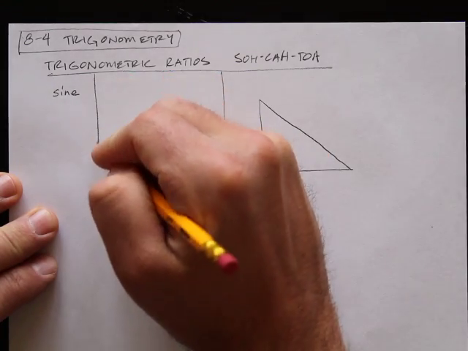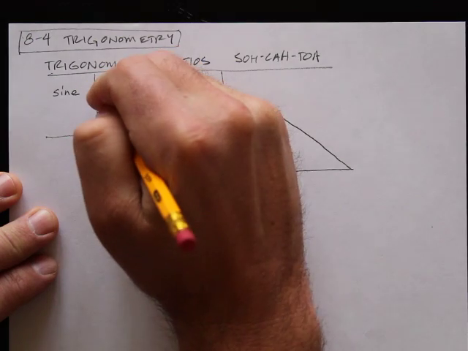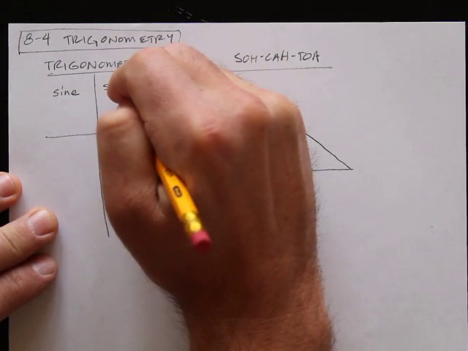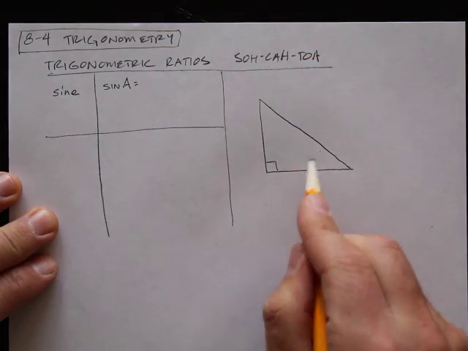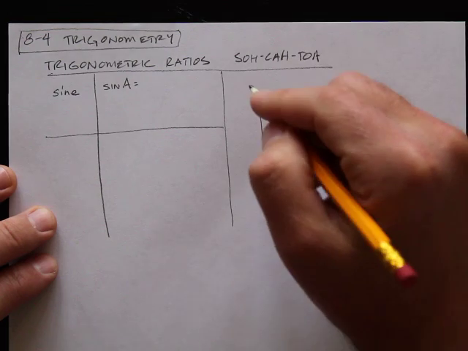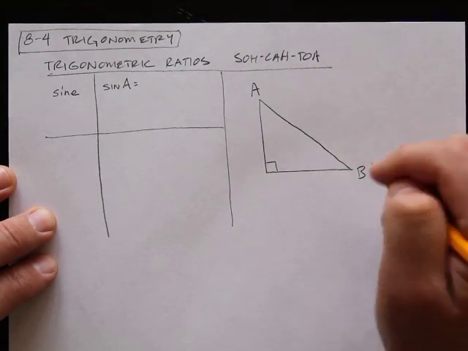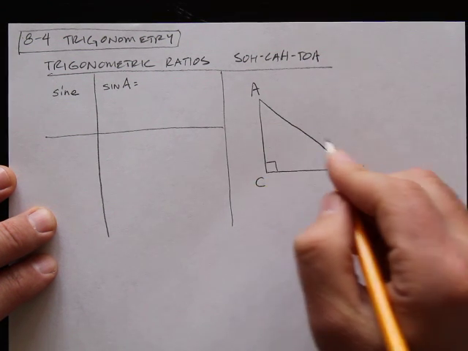And sine is written like this. Sine of A equals, okay, so let's label this triangle real quick. The top is A, to the right is B, and C is right here with the 90-degree angle.